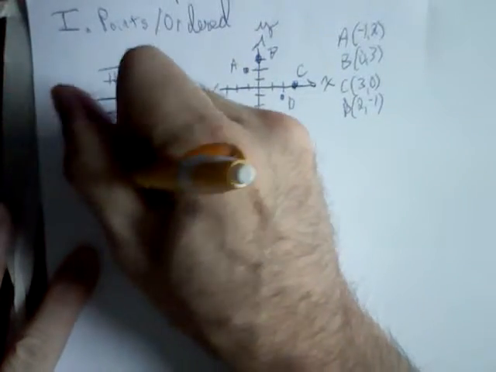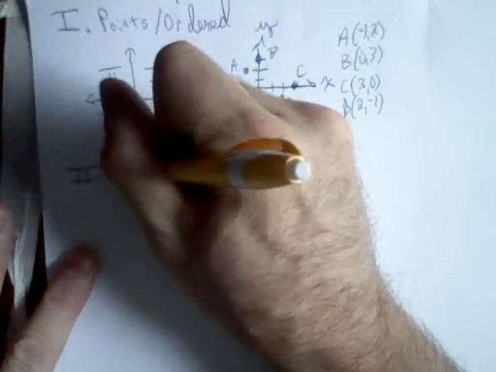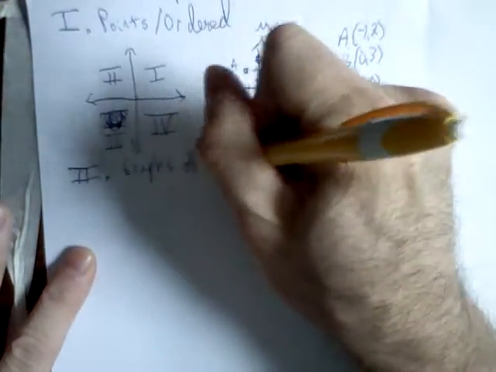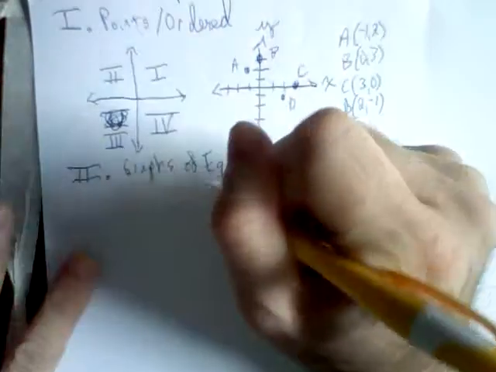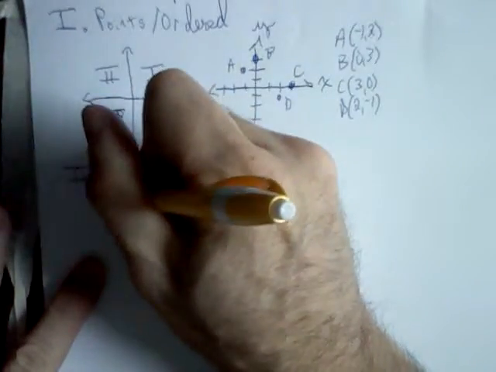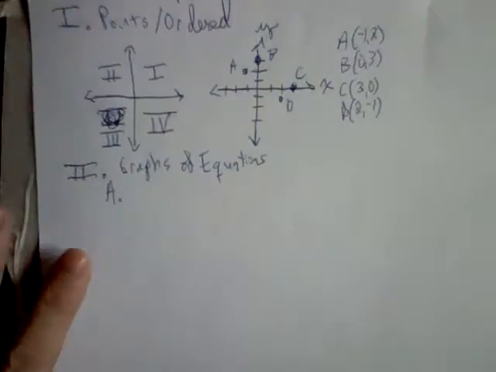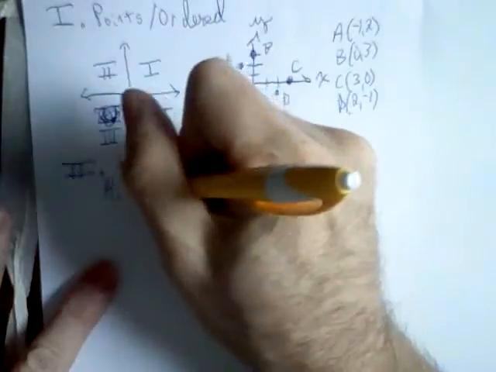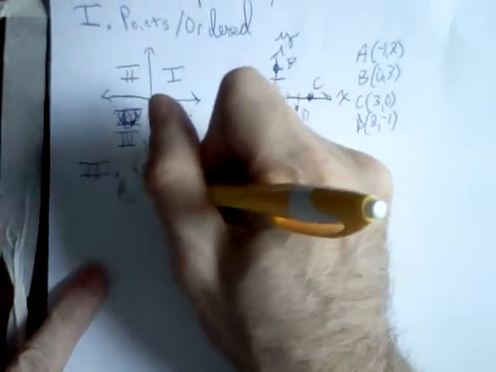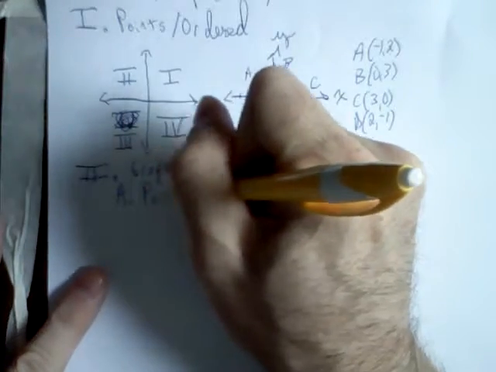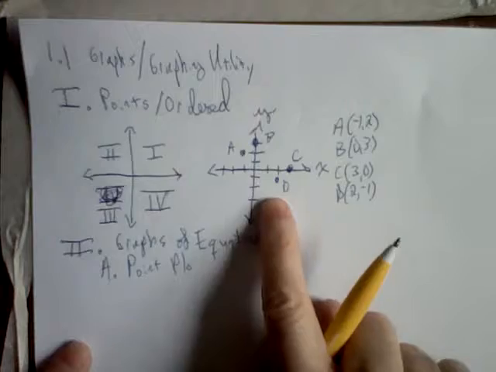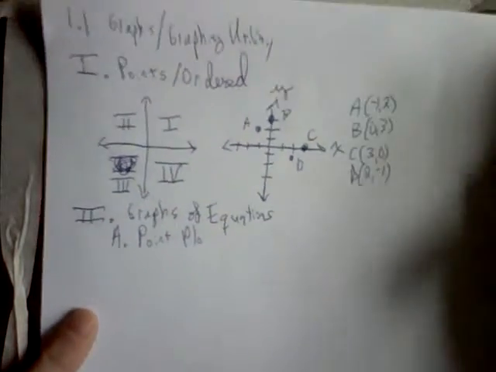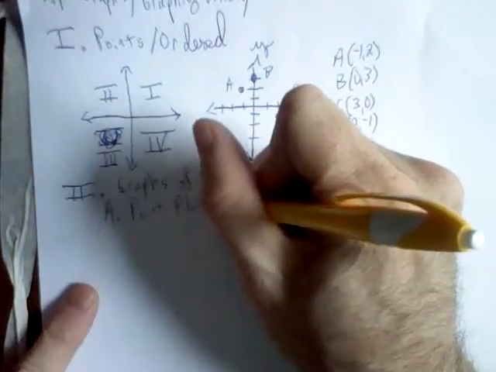Point 2, we want to worry about graphs of equations. The most tried and true method for graphing an equation would be the point plotting method. You just create a table of values, and then you use this method here to plot the different points, and there you have it.